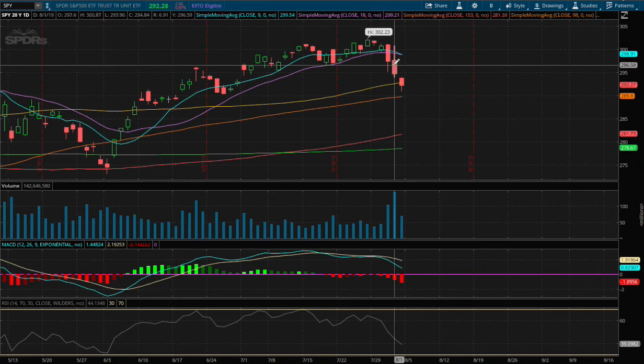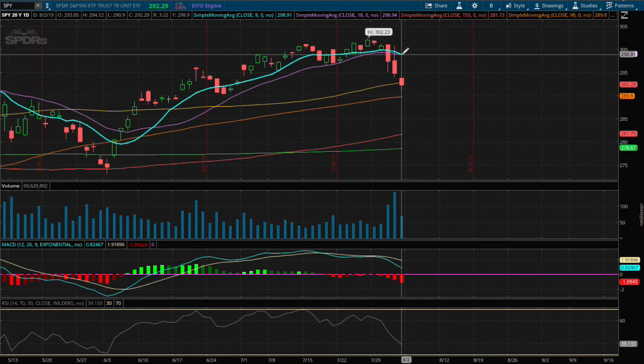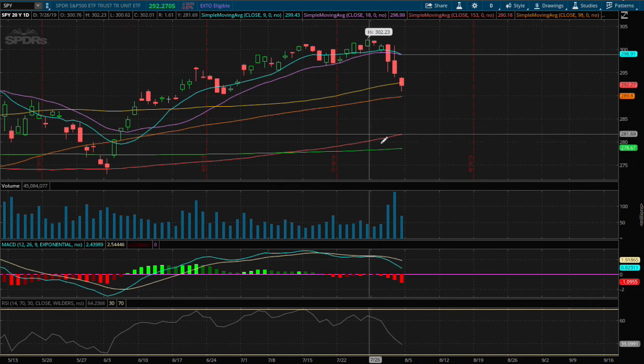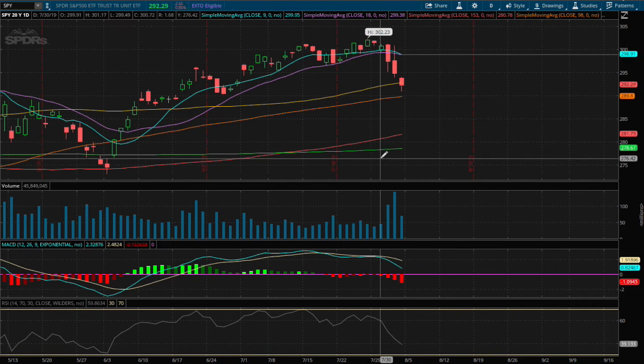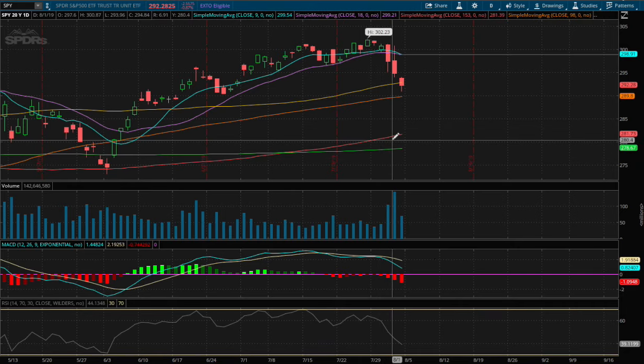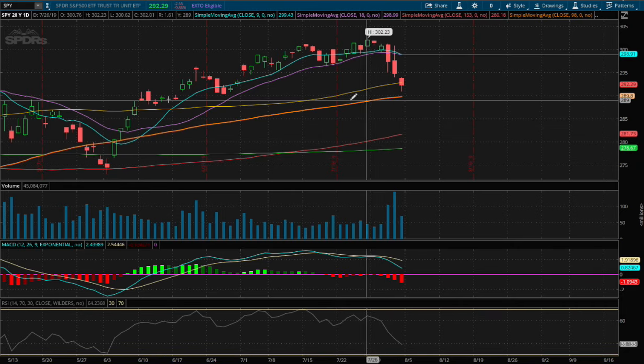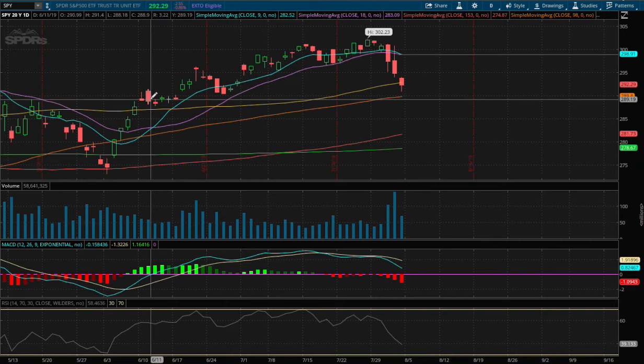If we were to reverse the 9-day and 18-day moving averages right there at the price of $298.90. And for support, if we do continue to break down lower, I do see the 100-day moving average right here, and that coincides with past support back here in early June, or June 11th.